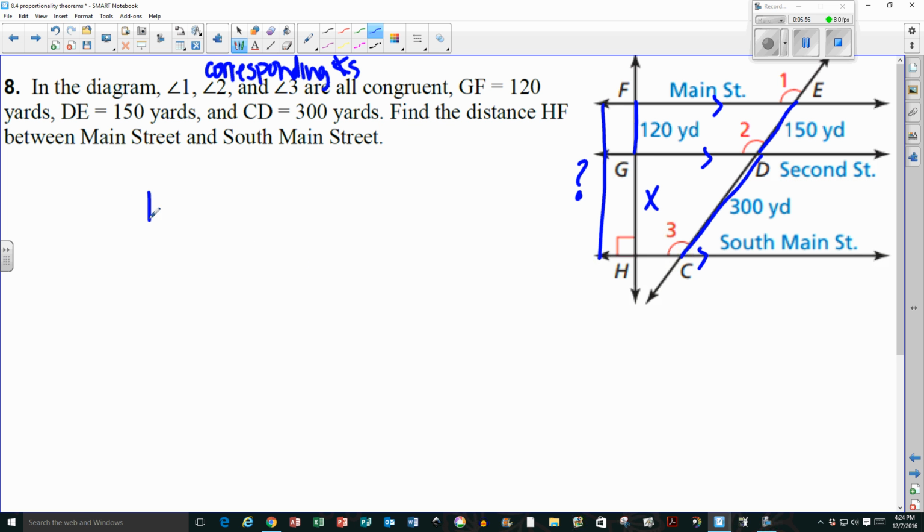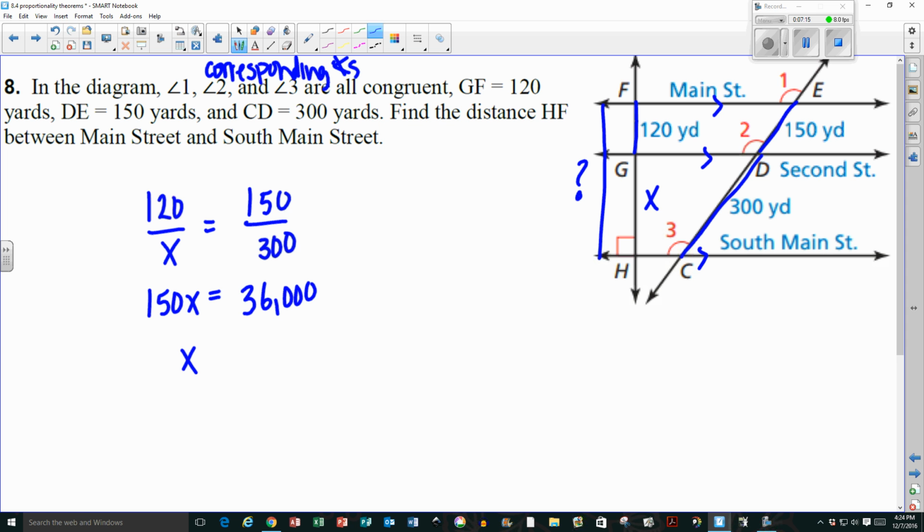So if you think about it, you've got 120 over x equals 150 over 300. So if you cross multiply, you get 150x equals 36,000. Divide by 150, so x is 240.